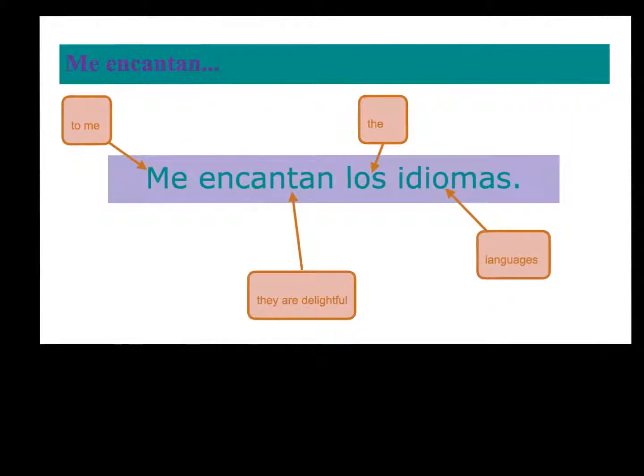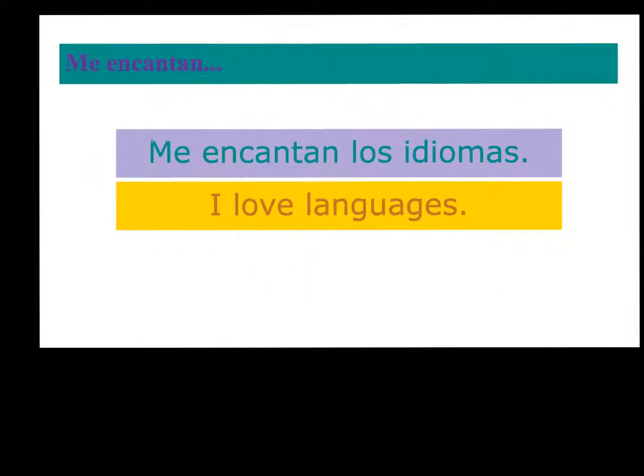So to say I love languages, I've moved from the encanta of me encanta el español to me encantan los idiomas. Literally again, the languages, they, hence the unending, they are delightful to me. This is, of course, the natural way of saying in Spanish, I love languages. Me encantan los idiomas.